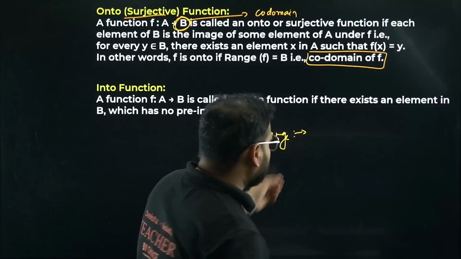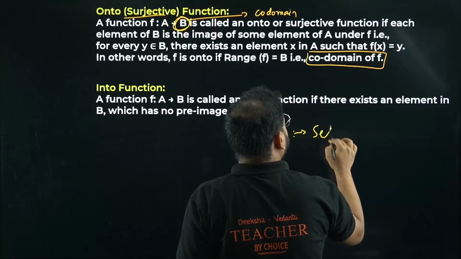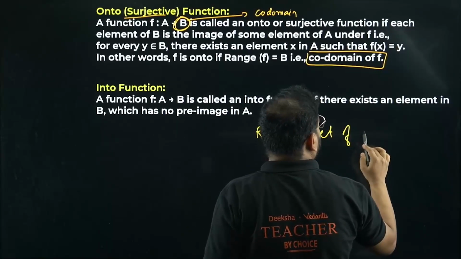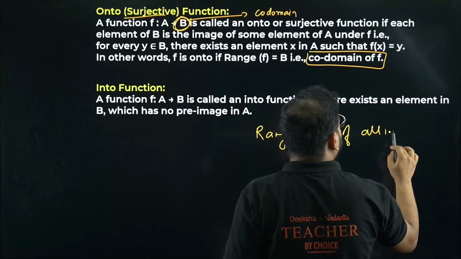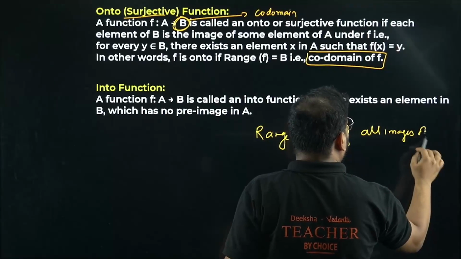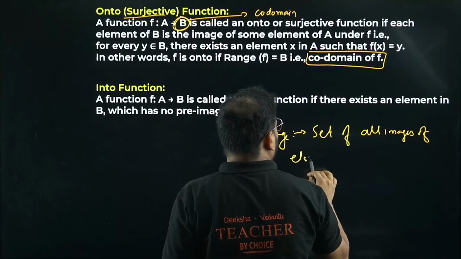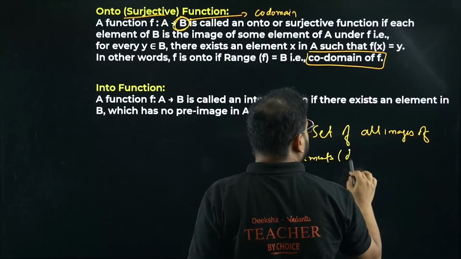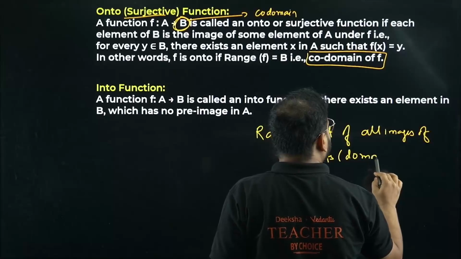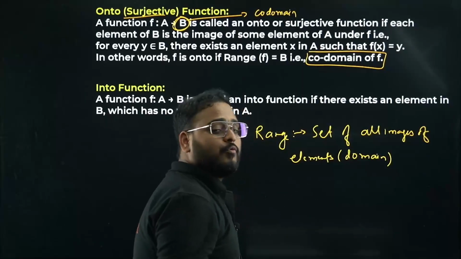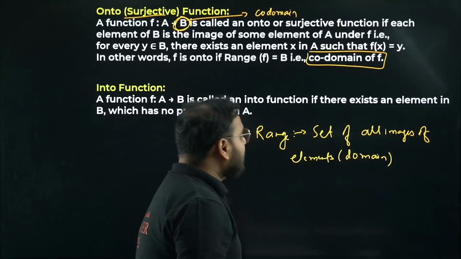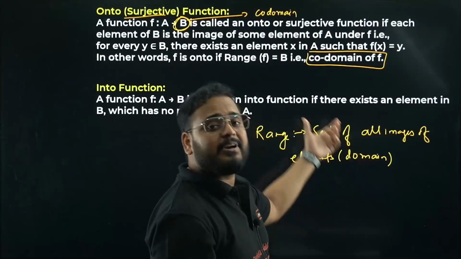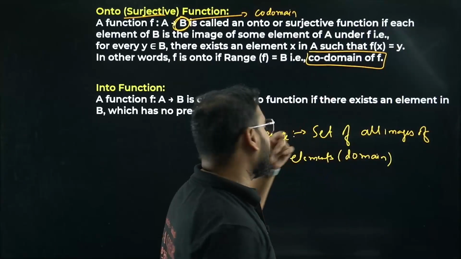Range is nothing but the set of all images of elements from the domain. For all the elements that are there in the domain, you take the images of them and bring them into a set. That's called the range.